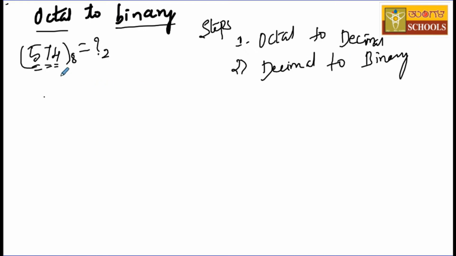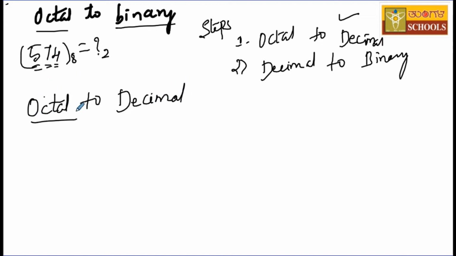So how to convert this 574 into decimal first? You remember this. First we need to convert the octal number into its equivalent decimal number. Here we have to discuss conversion of octal to decimal first. Later we convert octal to binary, because without converting this octal into its equivalent decimal we cannot convert it into binary.